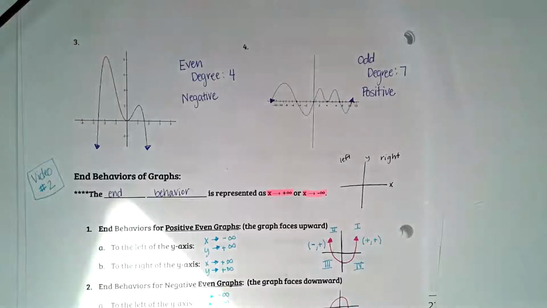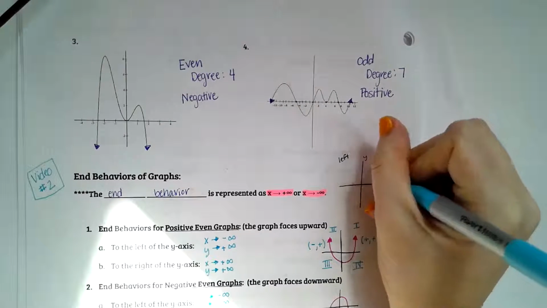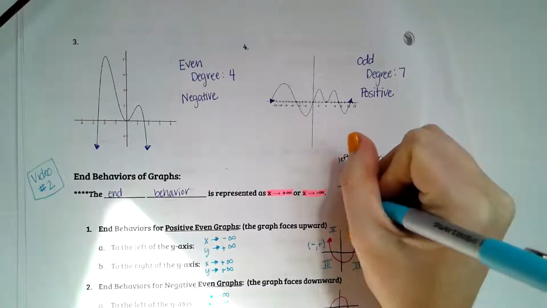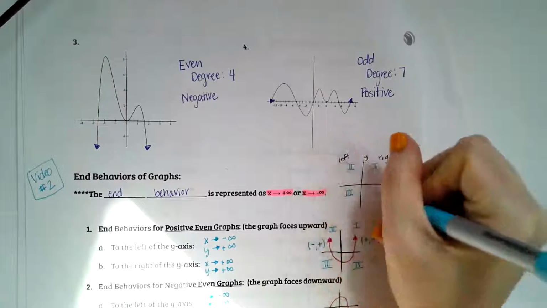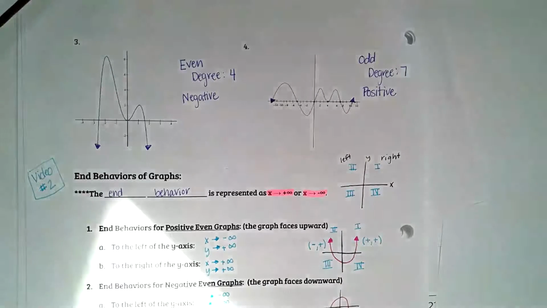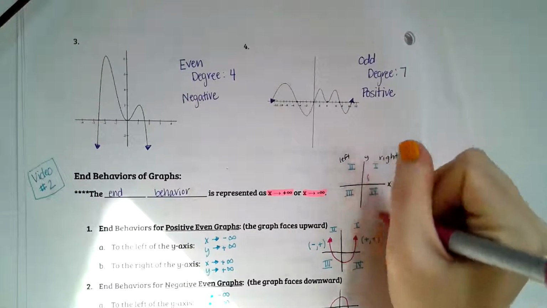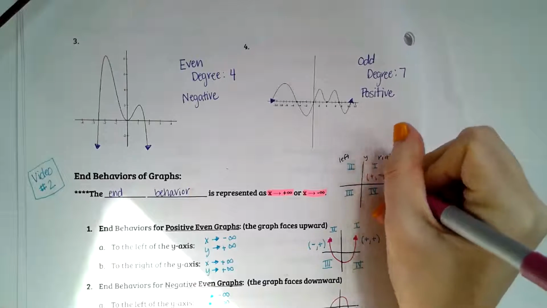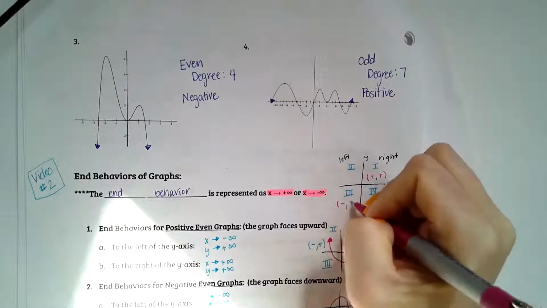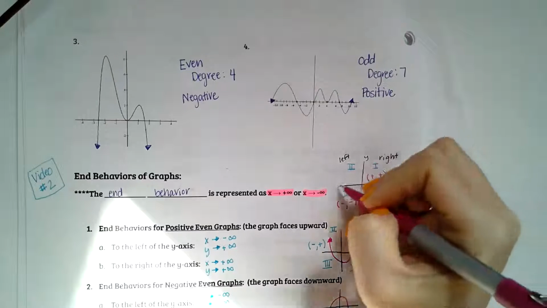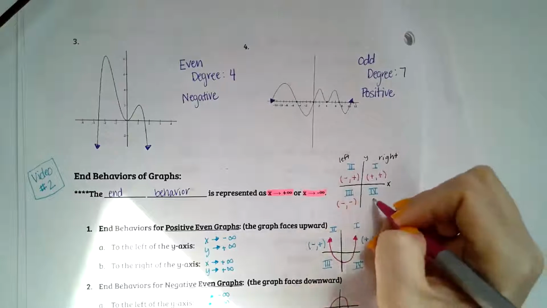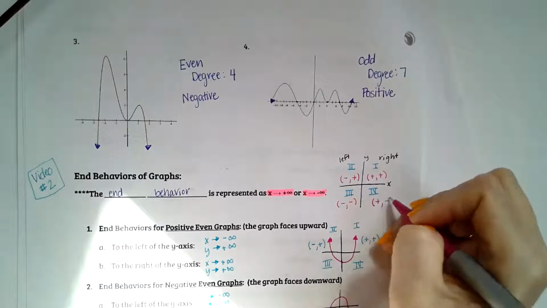So here's quadrant 1, 2, 3, and 4. Here it was positive, positive. Over here it's negative, negative. The x's are negative here and the y's are positive, and then they flip-flop over here, so positive, negative.